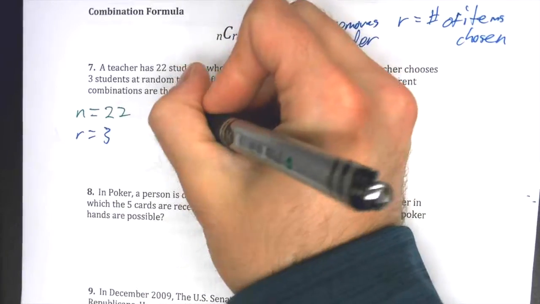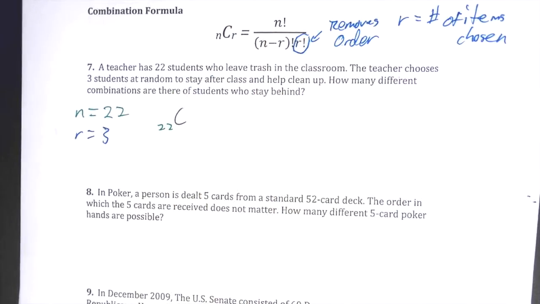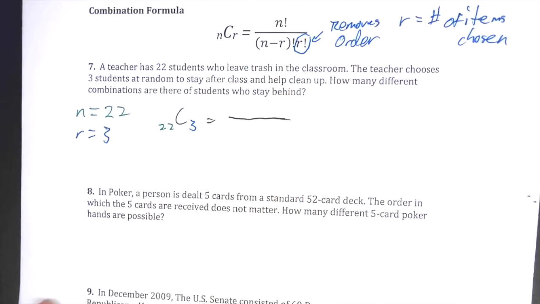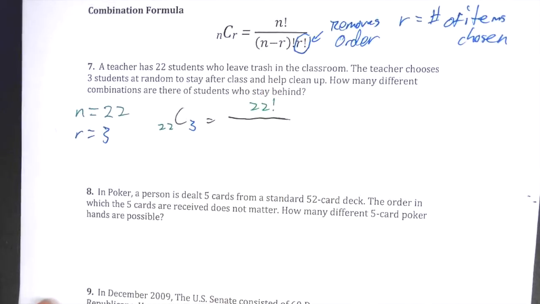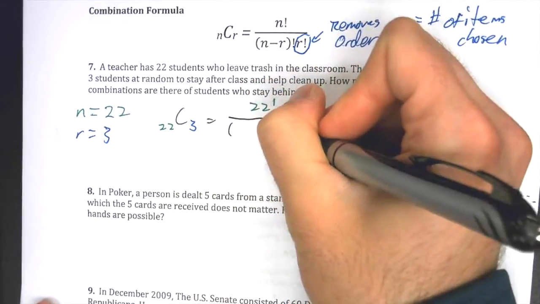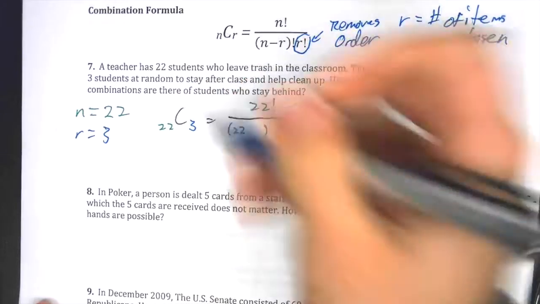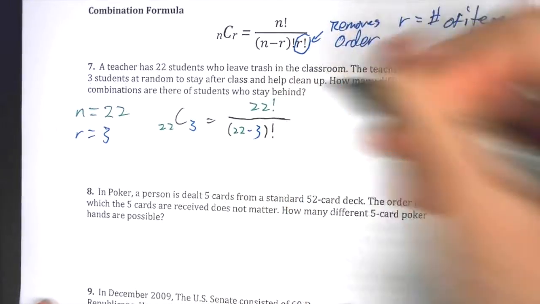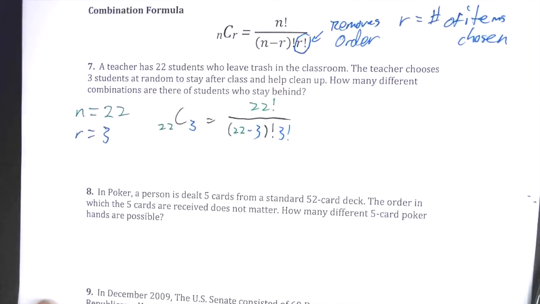So if we're writing this out, it's nCr, where in this case it's going to be 22C3. Plugging those into the formula, it's going to be 22 factorial over, in parentheses, 22 minus 3 factorial, and then times 3 factorial in the denominator.